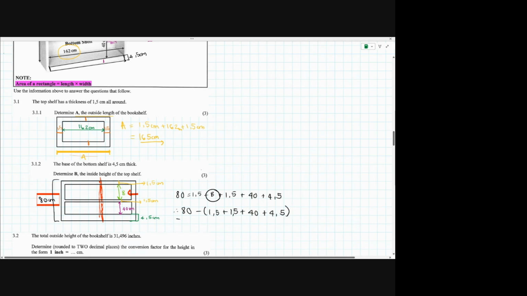And what that ends up giving us is that the height of the top bookshelf, B, is equal to 32.5 centimeters. Excuse me. Because you've got everything that you need to make up the 80 centimeters except for one dimension, you can subtract them all and get what you're missing. So the height of that top bookshelf, slightly less than the bottom one, is 32.5.